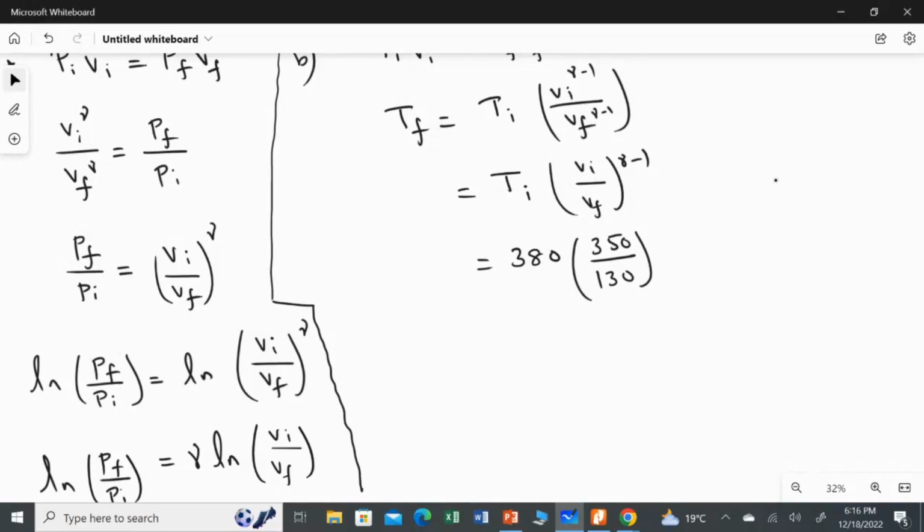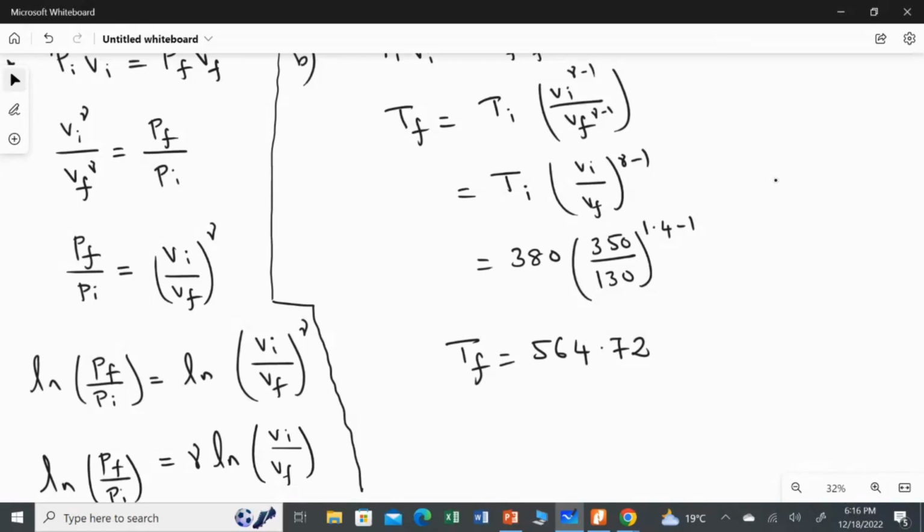Gamma, which we found in the first part, takes the value of 1.4, so 1.4 minus 1. If we calculate, I got the answer here as 564.72. Clear? Anyhow, I will cross check one more time.